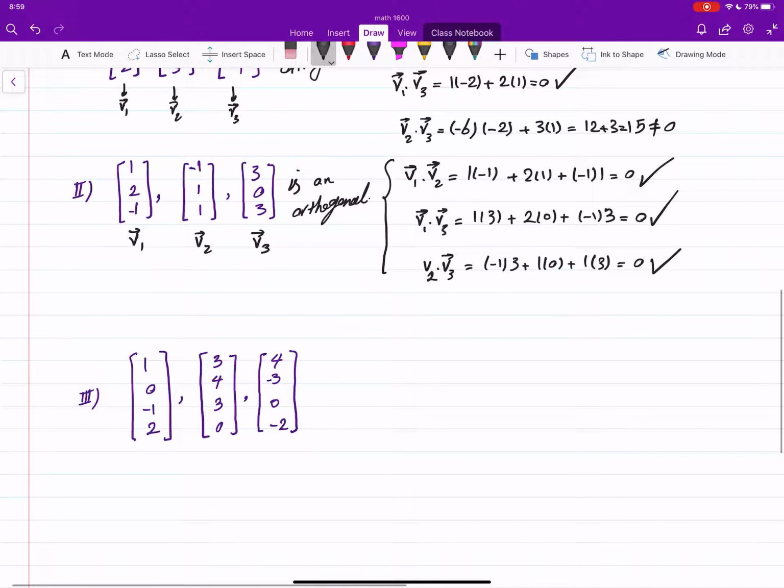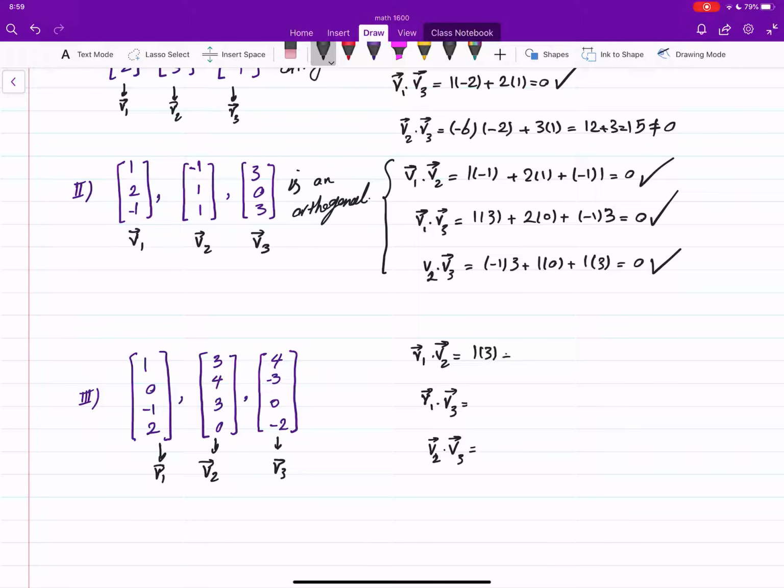And the last example: v1 and v2 are this, and v3 is that. We want to find the dot product of all pairs of distinct vectors, and all must be equal to 0. So we have 1 times 3 plus 0 times 4 plus negative 1 times 3 plus 2 times 0, so this is 0.